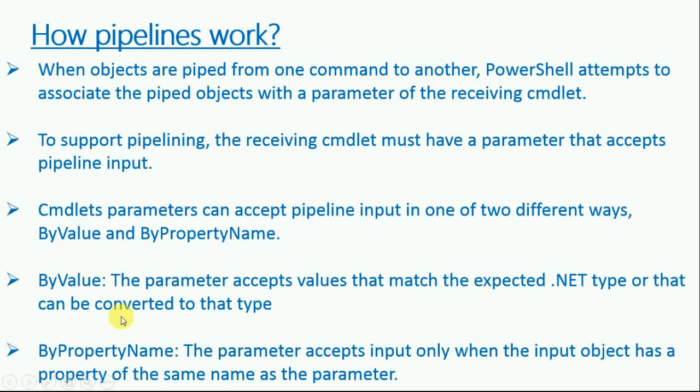The other way is by property name. How does it accept that? When the input object has a property of the same name as the parameter. So if the receiving cmdlet uses a parameter with the same name as a property of the object coming as input from the previous cmdlet, it accepts it.